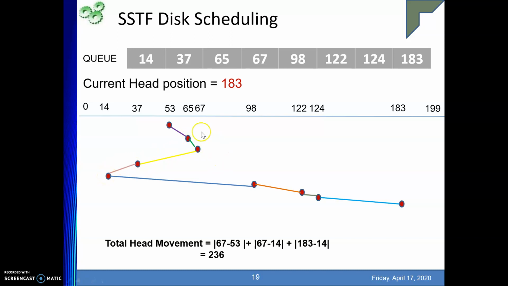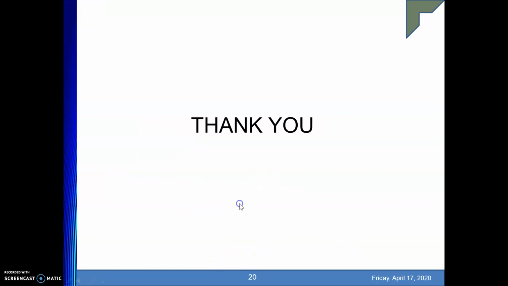Or you can do the calculation directly, because in this direction you are moving from 53 to 67, then from 67 to 14, and then from 14 to 183. Then the calculation becomes smaller as well as easier. So it is 236. Total head movement is 236, right? Thank you.